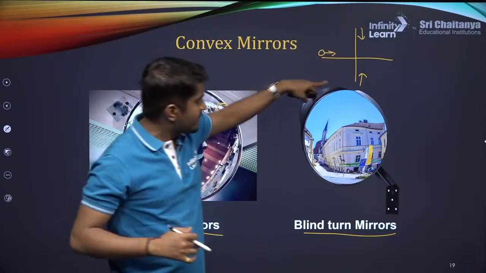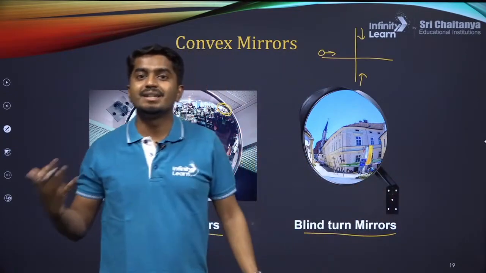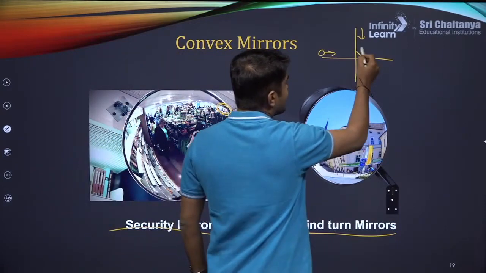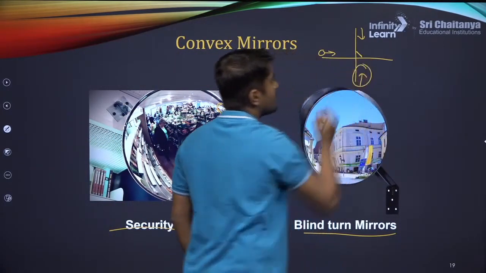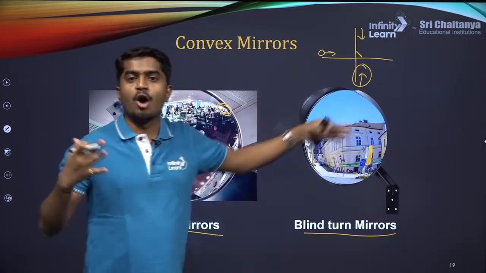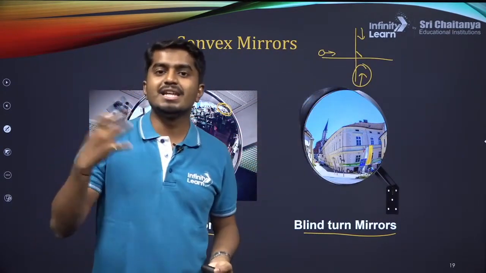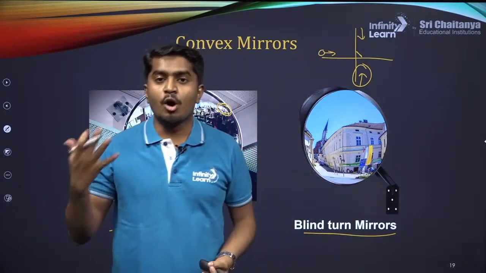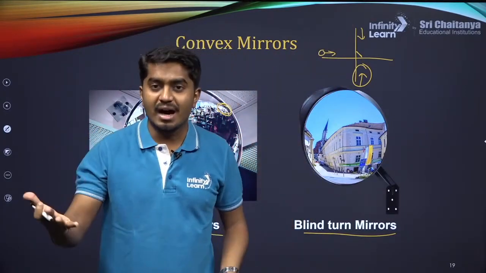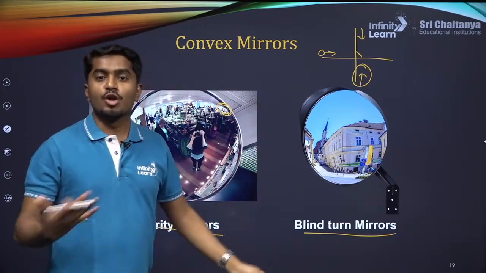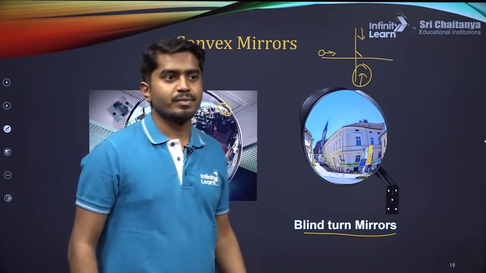So in that case we have these blind turn mirrors. अगर एक mirror यहाँ पे लगा दिया, so in that mirror you can see anyone who is coming from this side, right? Or it will depend on how many mirrors are possible. They will arrange the mirrors such that you can see दोनों साइड से अगर कोई ऑब्जेक्ट like कोई व्हीकल, कोई अनदर कार कुछ आ रहा हो, है ना. So that is how these mirrors, convex mirrors, are used.